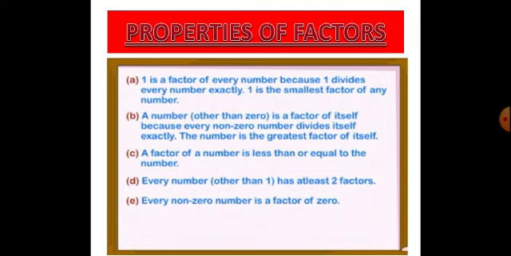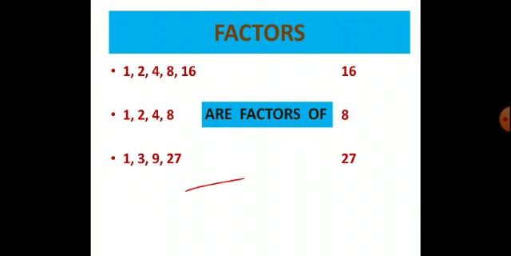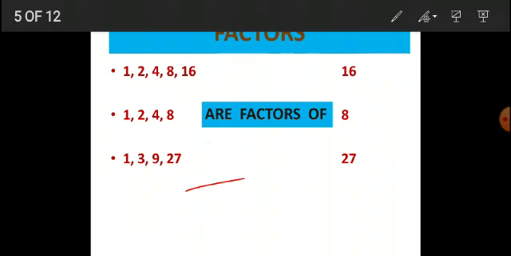Now coming to property number 3, a factor of a number is less than or equal to the number. Again, look here. You see that 1, 2, 4, 8 is less than 16 and 16 is equal to 16.